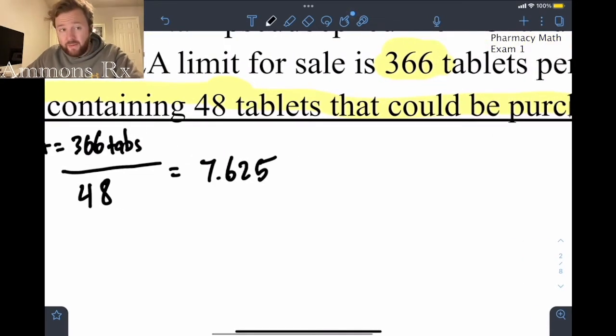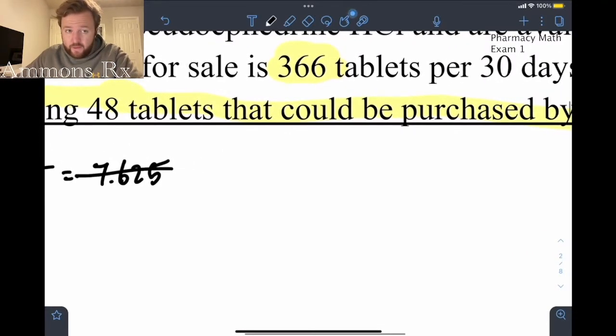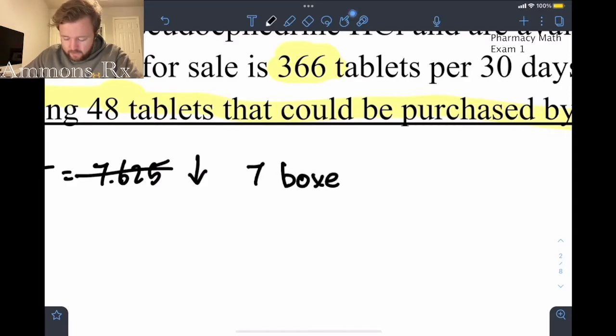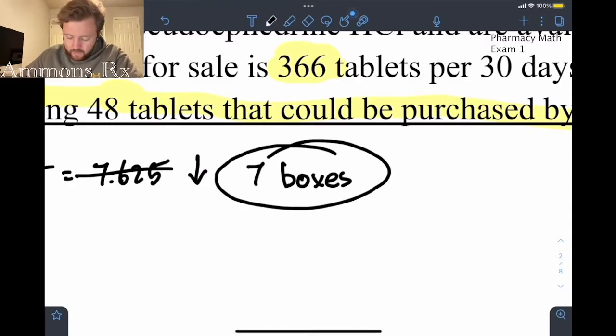Okay, is that my answer? Can I give a patient 7.625 boxes? No. I need to round that. So my question to you would be, if that is the limit, would it make sense for me to round up or round down? Well, I need to round down and turn that into 7 boxes.